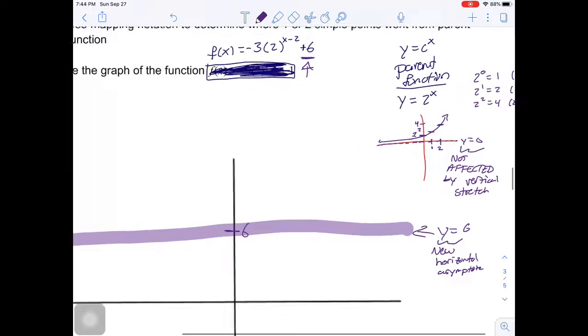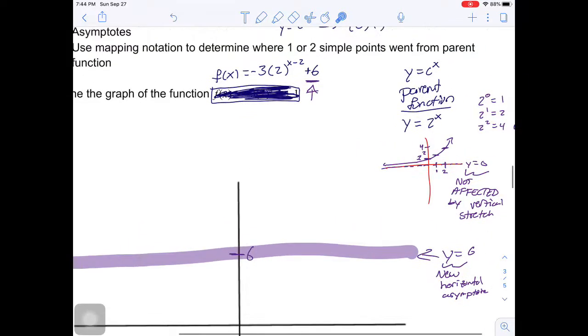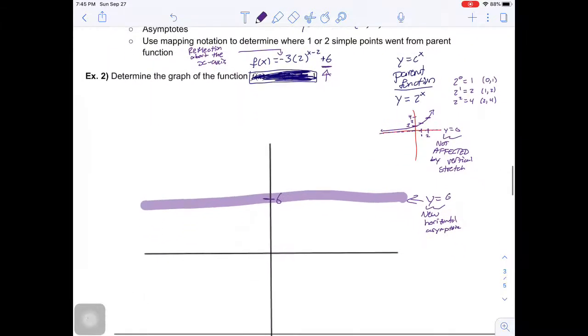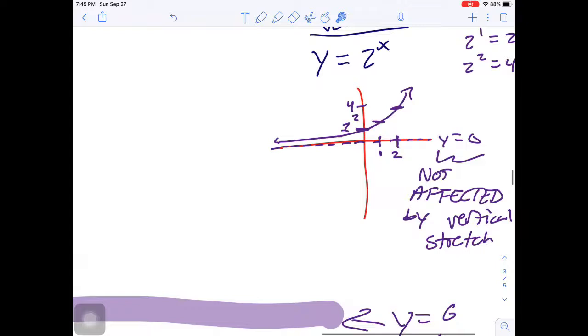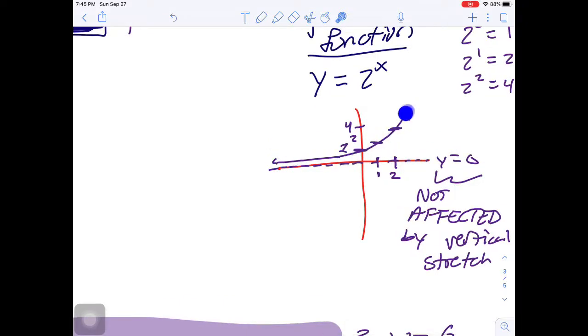Now, something else we can think about and just keep in the back of our mind is this. That is a reflection about the x-axis. So what is it doing? It's changing all of your y coordinates. So here, if we go back to our parent function, that negative value is going to flip this down here.